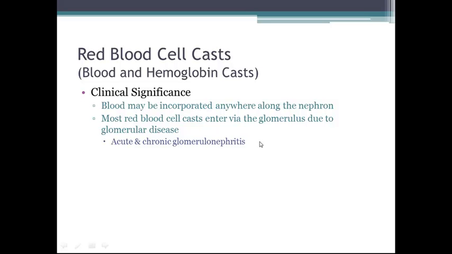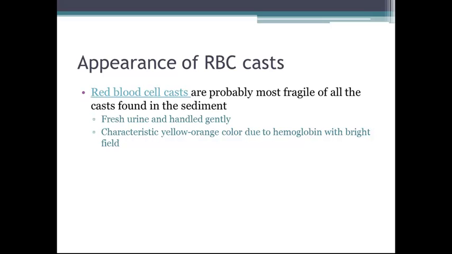Red blood cell casts, meaning that there is blood or hemoglobin. Clinical significance: blood may be incorporated anywhere along the nephron. Most red blood cells enter via the glomerulus due to glomerular disease such as acute or chronic glomerulonephritis. Red blood cell casts are probably the most fragile of all casts found in the sediment.